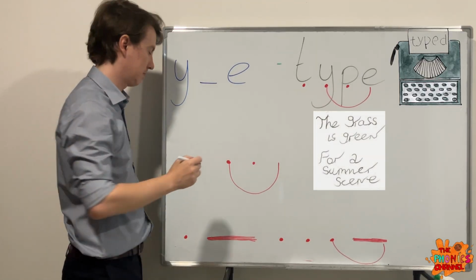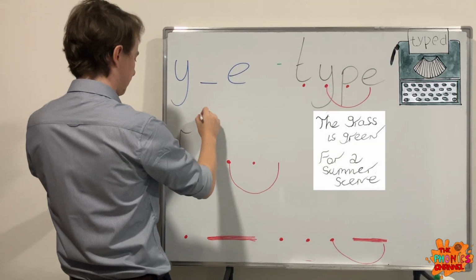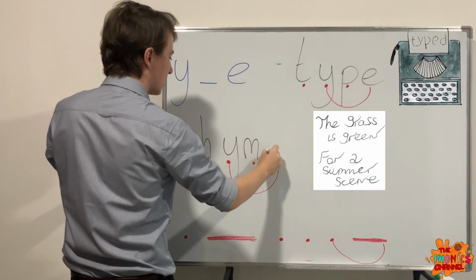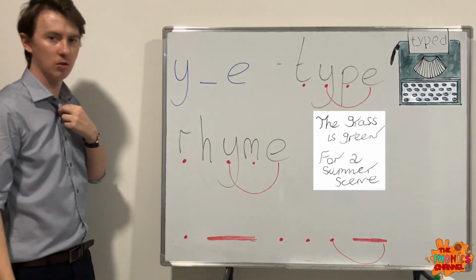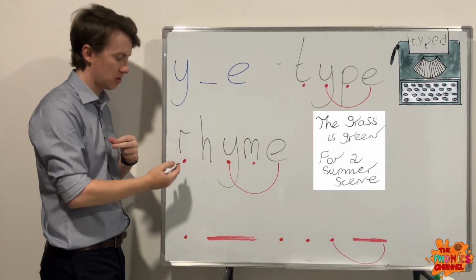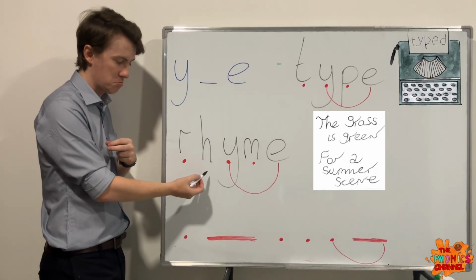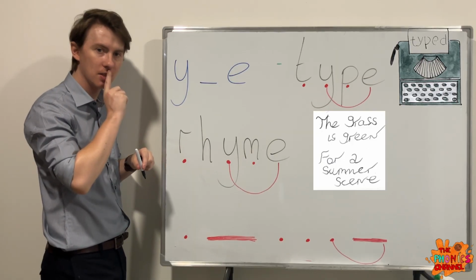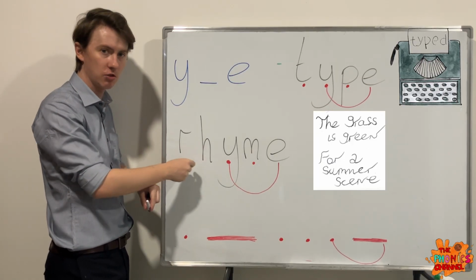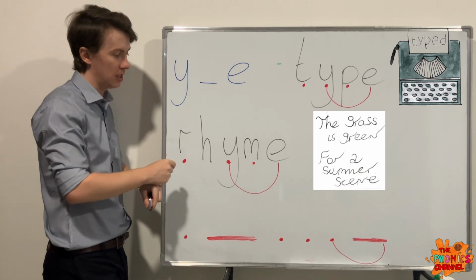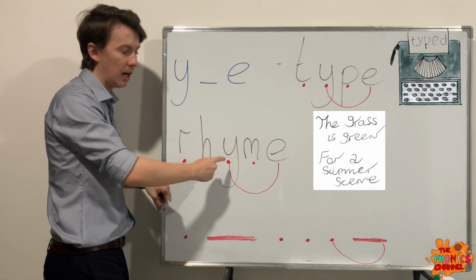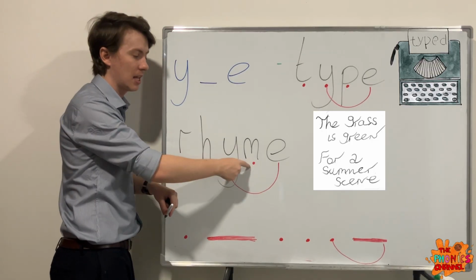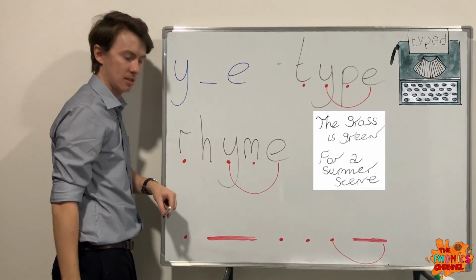Next one is rhyme. R. I. A lot going on with this word, so we'll go through it slowly. R. The H is silent. We don't pronounce the H in this word. And then we have the split digraph I, where the E is joining the Y to make the I sound, and the last sound we pronounce is the M sound.